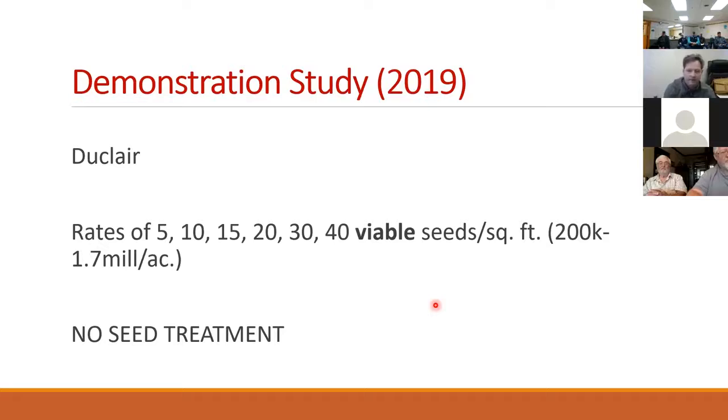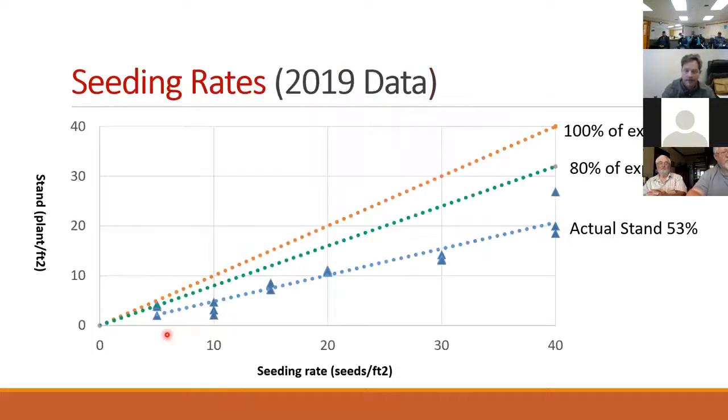And that reflects going from 200,000 to 1.7 million, or about a quarter bushel to almost 2 bushels of grain per acre application seeding rate. And then we used no seed treatment. And this is not in a field where we inoculate or anything like that.